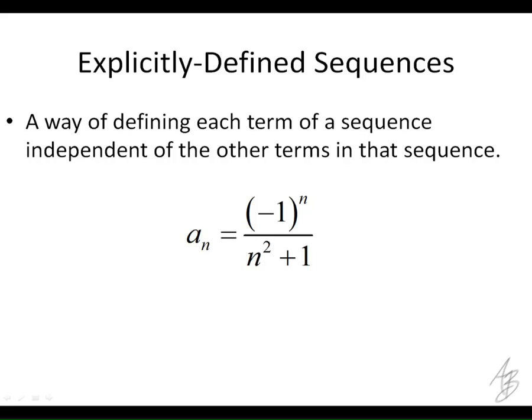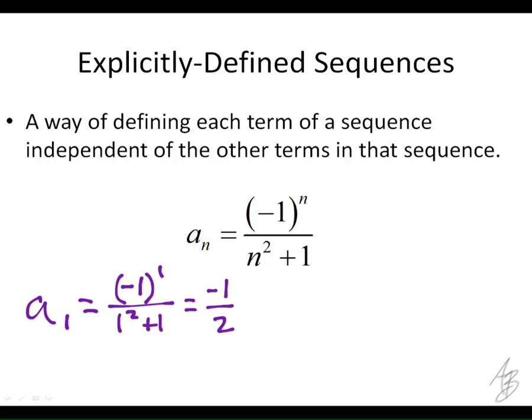And if I want to find, say, the first term in the sequence, a sub 1, what do I do? Plug 1 in. So I'm going to do negative 1 to the first power over 1 squared plus 1. And so we would get negative 1 over 2, and that's a sub 1.